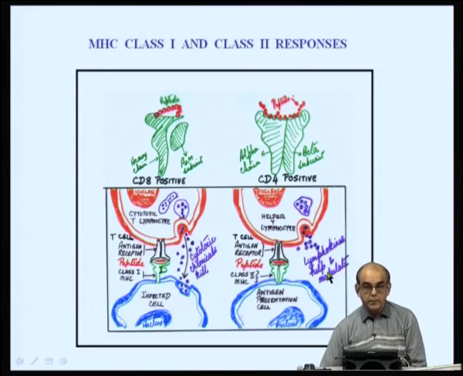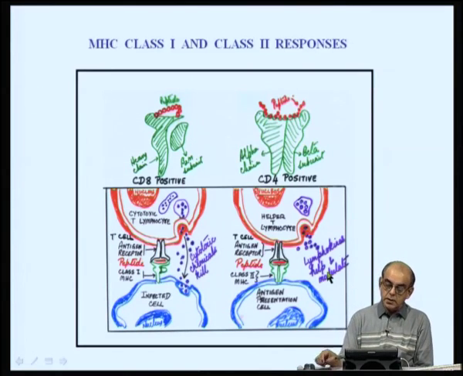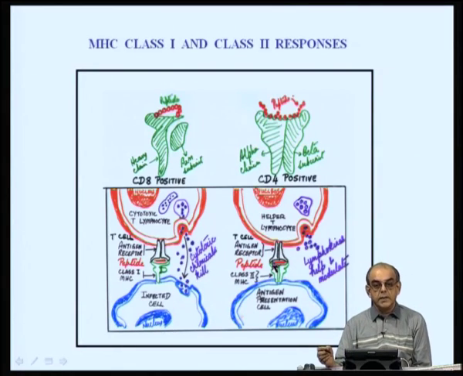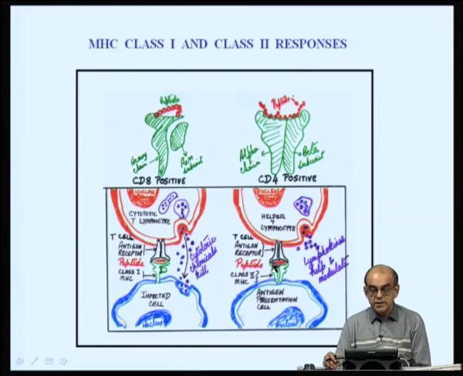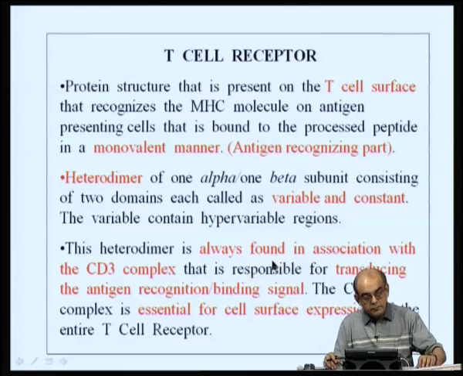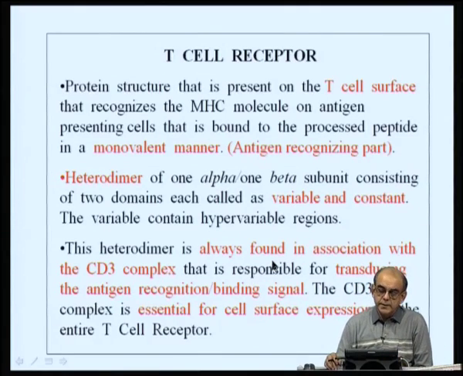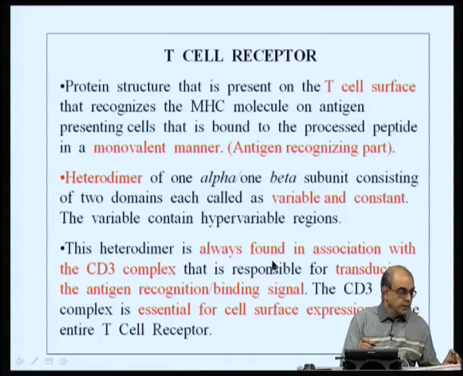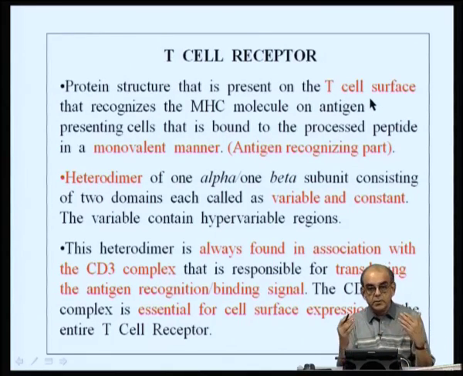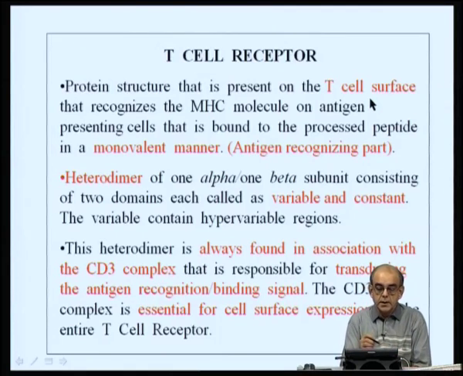In other words, whether it is MHC class 1 or class 2, it is the T cell receptor that recognizes this MHC molecule along with the peptide that has been processed and presented. So, what is the nature of this T cell receptor? This T cell receptor is a protein structure present on the T cell surface, basically because these are cell surface interactions, that recognizes the MHC molecule on the antigen presenting cells.